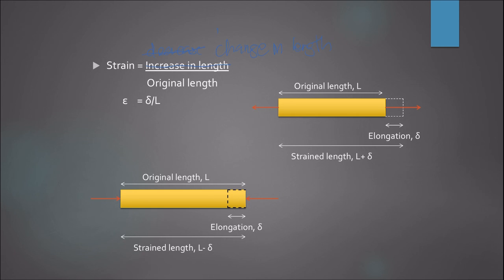Okay, so change in length we can panggil dia delta, ataupun you can also pakai segitiga L tu. Segitiga tu maksudnya change in length divide with length, which is the original length.